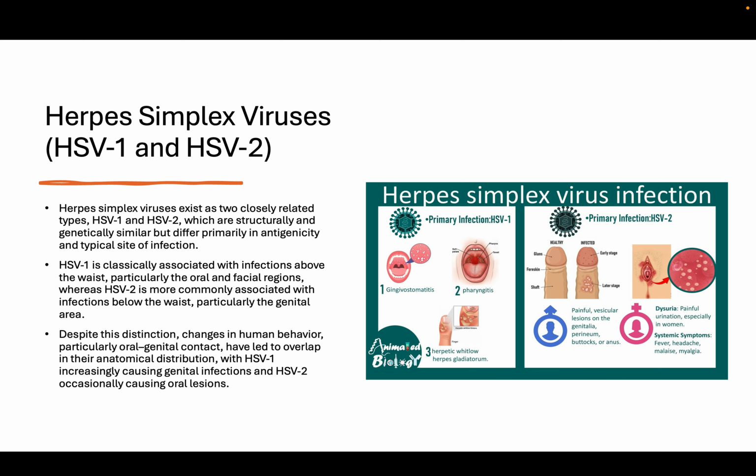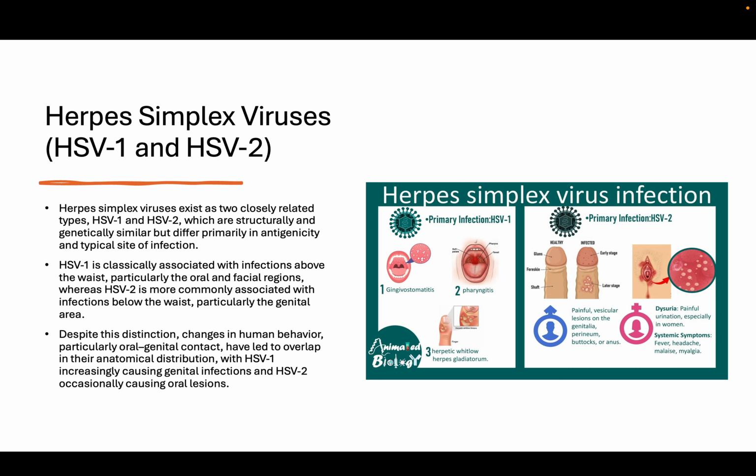So now I've spoken in general about these viruses. Let's go into the details of most of them because they're quite interesting. The most common types of herpes viruses are herpes simplex viruses 1 and 2. I'm quite sure you have definitely heard about them. Herpes simplex 1 and 2 are structurally and genetically extremely similar.